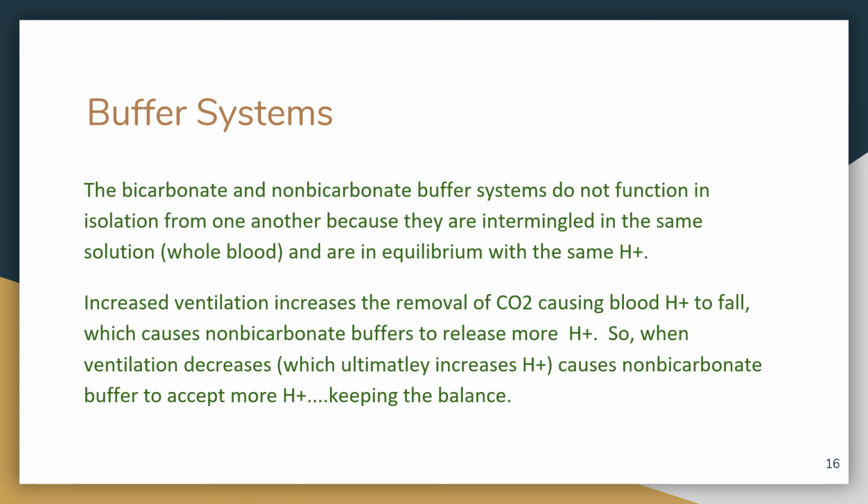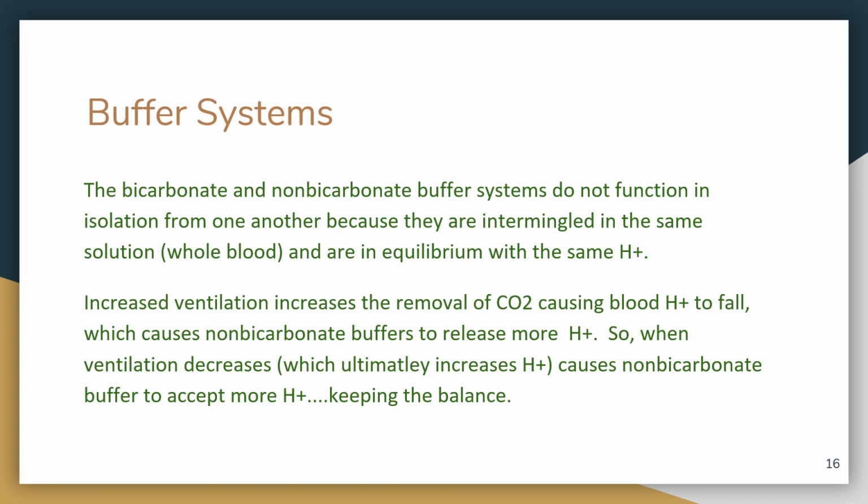So, just so that you know that these systems don't work in isolation from one another. They're actually intermingled in the same solution, which is your blood. And they are in equilibrium with the same hydrogen ion. Okay, so increased ventilation increases the removal of CO2, causing the blood hydrogen ion to fall, which causes the non-bicarbonate buffer to release more hydrogen.